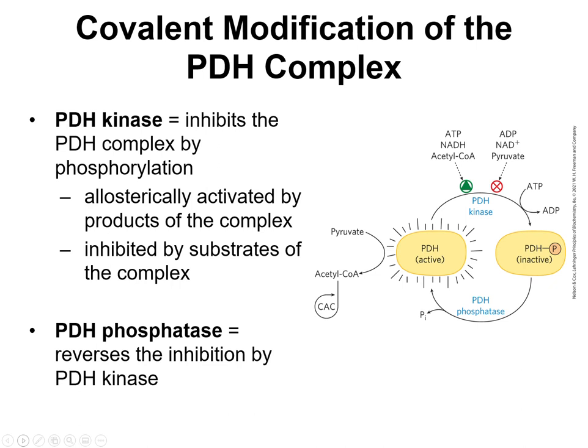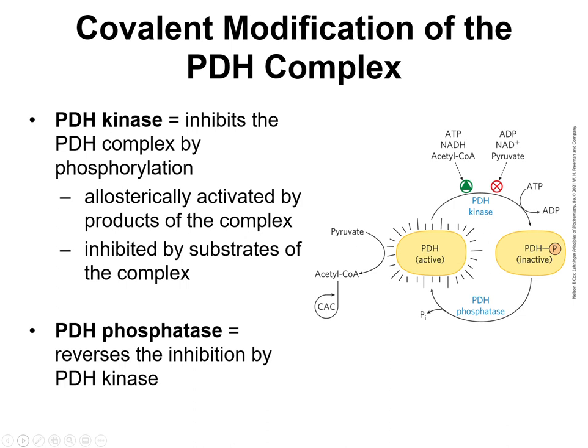Another way that the PDH complex is modified is through phosphorylation and dephosphorylation. So at the beginning, we said that there was more to come in terms of regulation and also what's a part of the PDH complex. So the PDH kinase and the PDH phosphatase are also part of the complex.